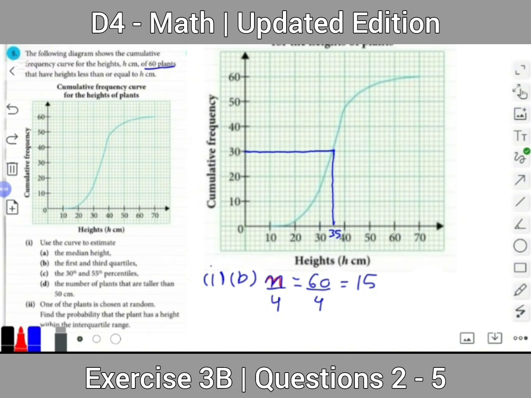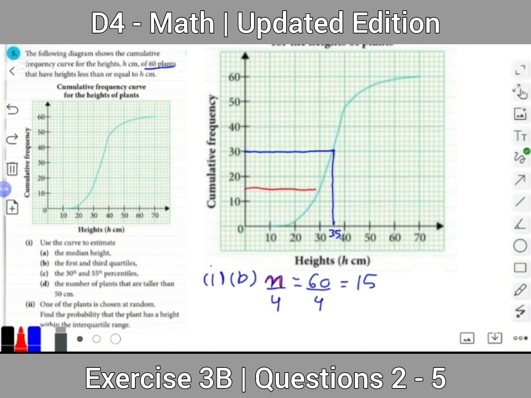So from the data given in the curve along the y-axis, a square unit is equal to 2, so we have 10, 12, 14, 16. Between 14 and 16 somewhere we have 15.